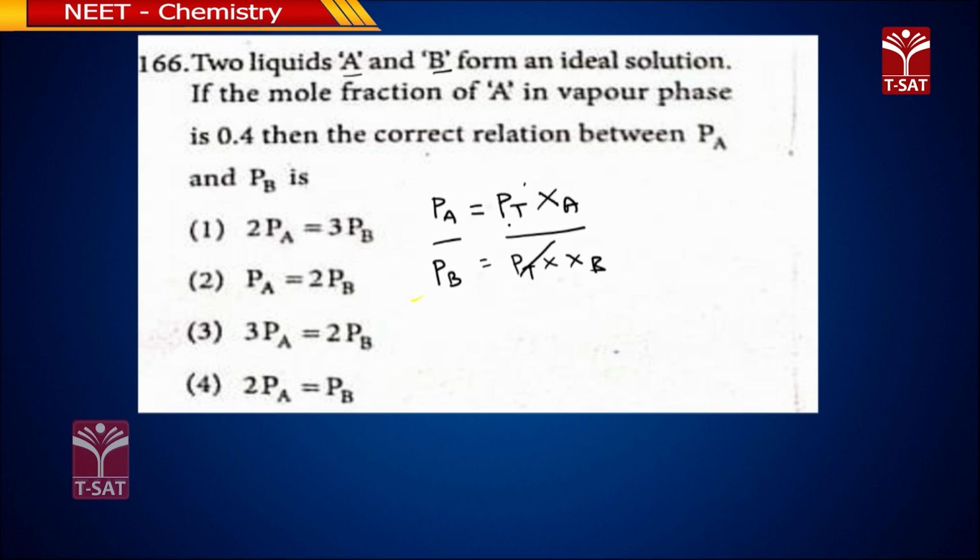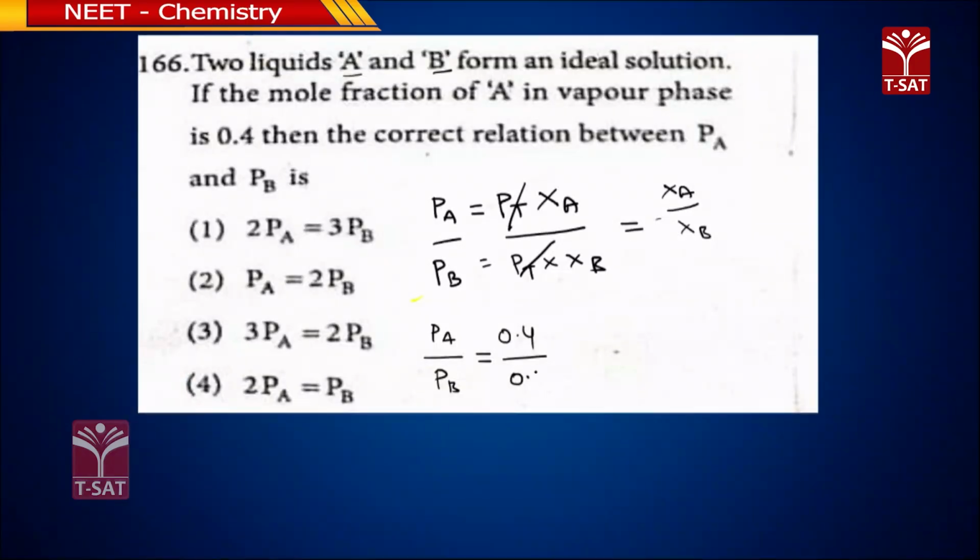Total pressure will get cancelled. So that partial pressure of A by partial pressure of B is equal to XA by XB, right? So PA by PB is equal to XA, which is given as 0.4. And what will be the XB, mole fraction of B? You have two components and the sum of the mole fractions of the two components, XA and XB, will be 1.